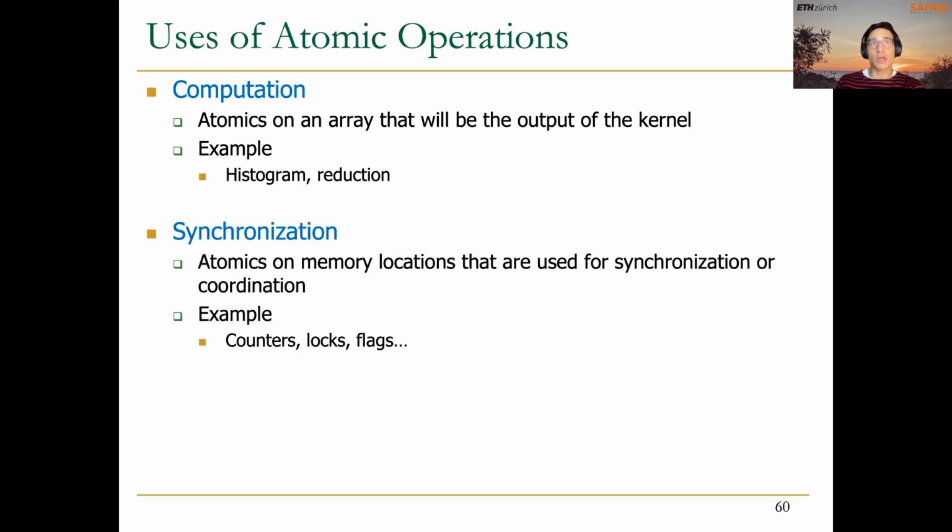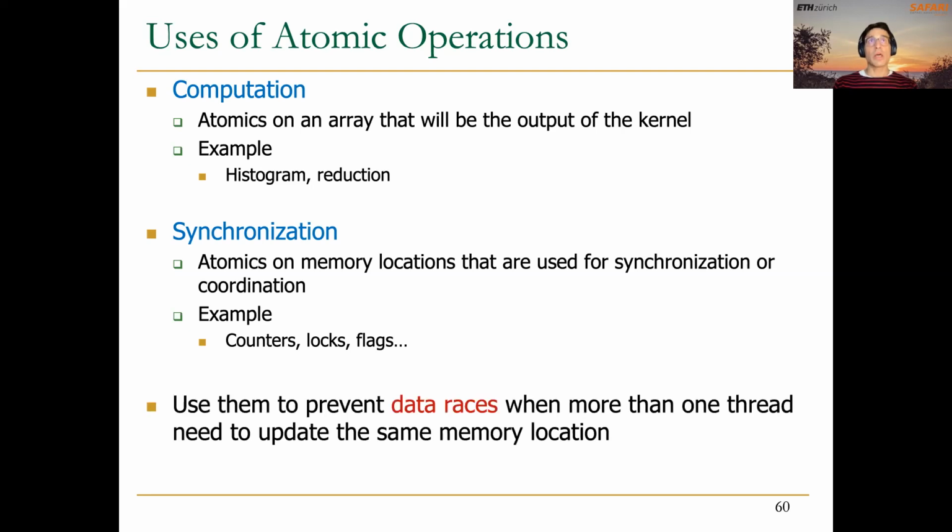And atomic operations can also be used for synchronization or coordination. For example, when we use atomic operations to update counters, to implement logs, to set flags, and so on. Atomic operations, as I said before, are useful to prevent data races, but they have the drawback of causing serialization, as I explained.